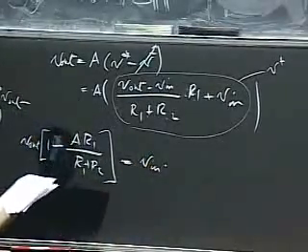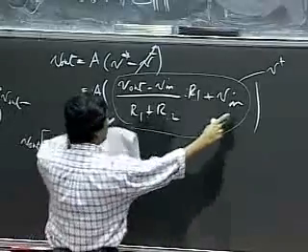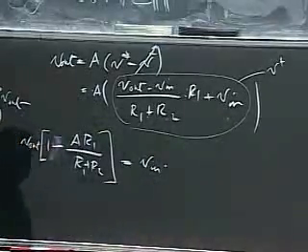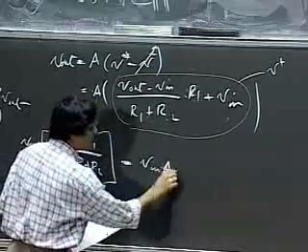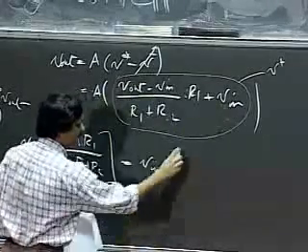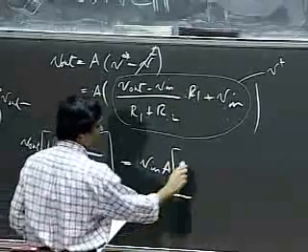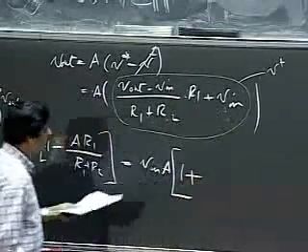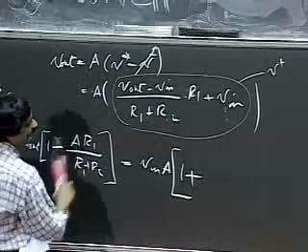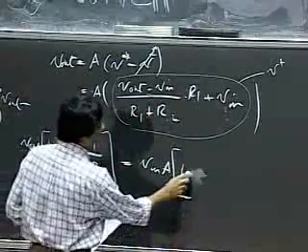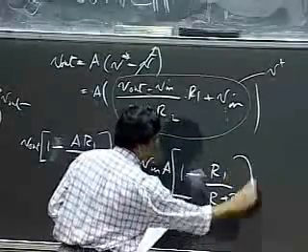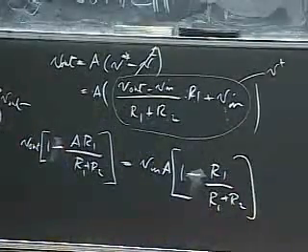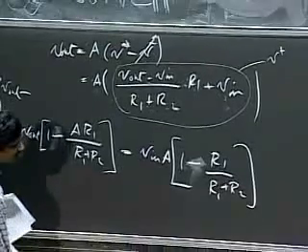And my V in here is a function of the V in that I have here. So I have an A multiplying both the V ins. And then I get a 1 for this V in here, and there's a minus sign. So I get a minus R1 divided by R1 plus R2. That's the expression that I have.